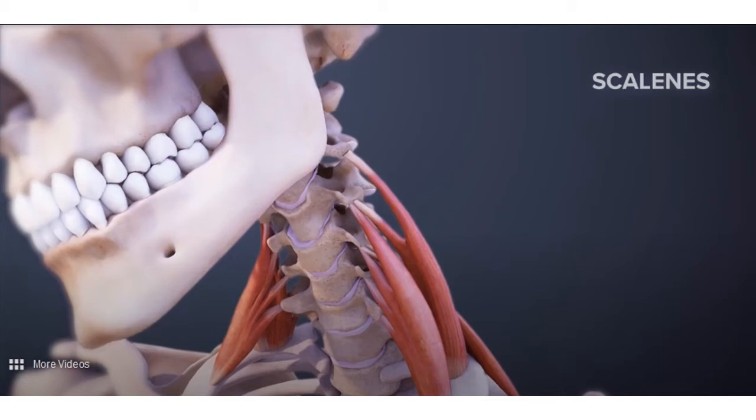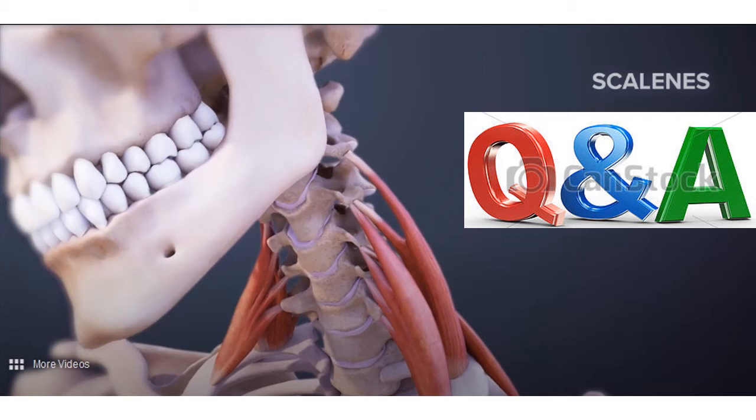What questions can we ask ourselves about this image? It is clearly telling us that this muscle on the right, a group of these scalene muscles, when they contract, they flex the head towards the area of contraction.